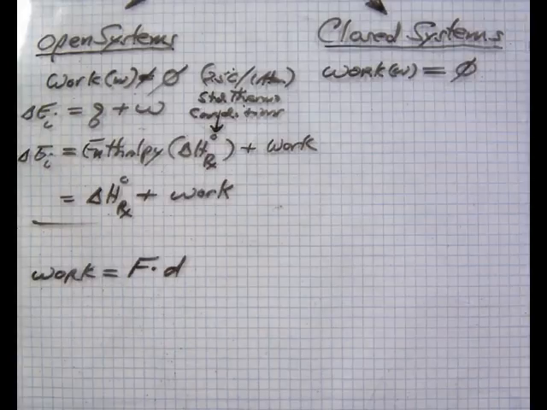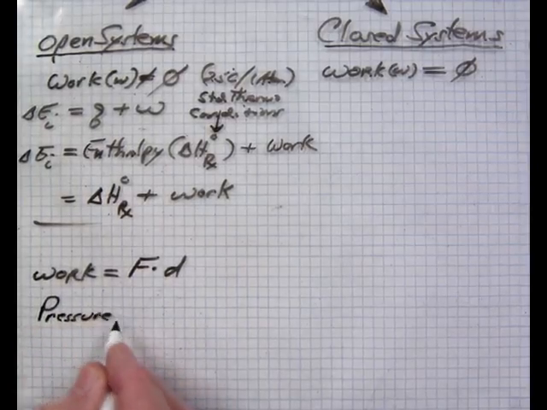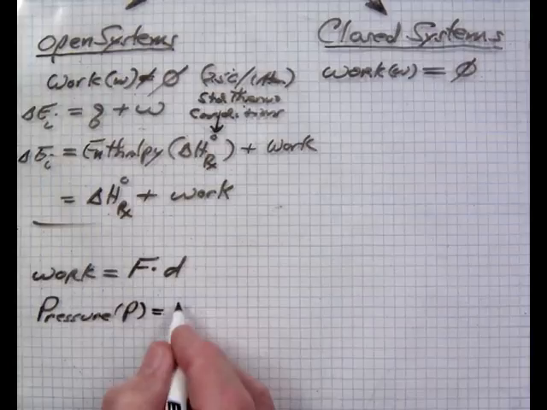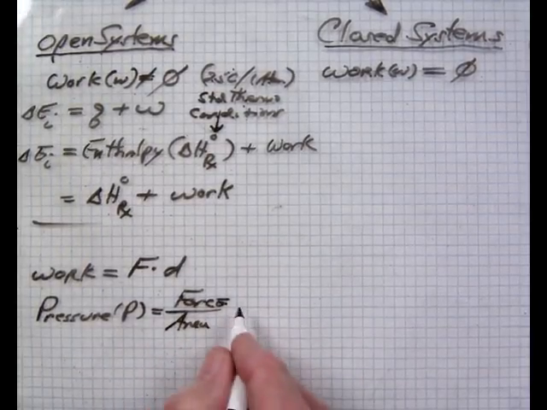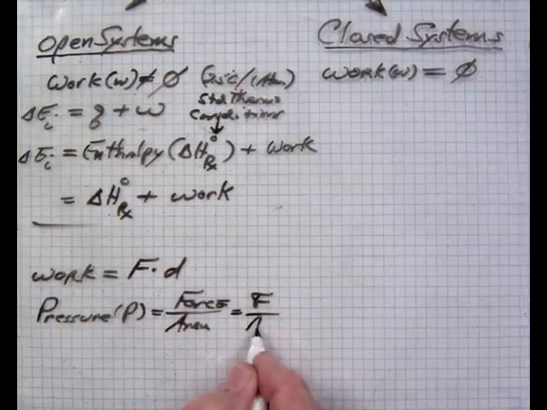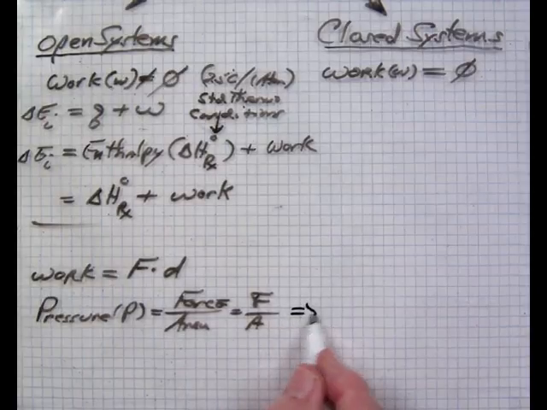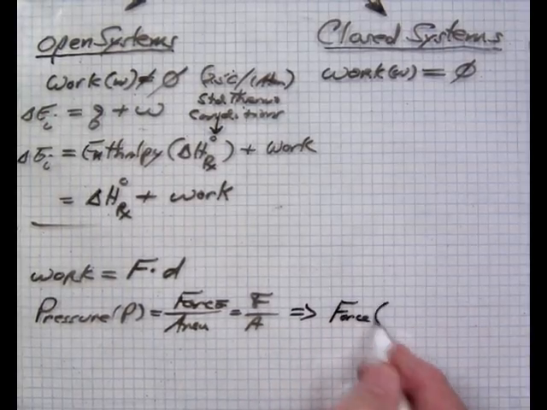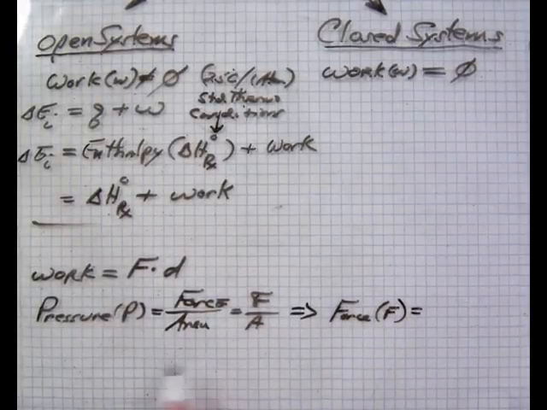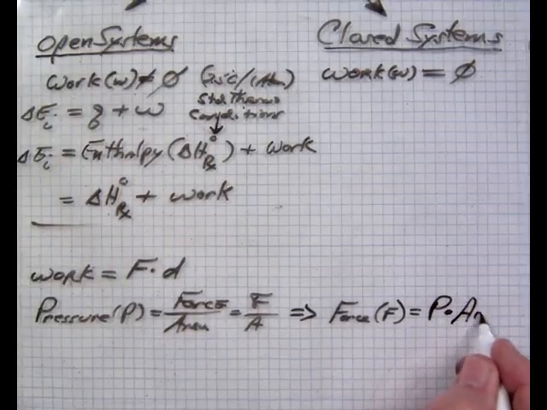Because chemical reactions in the gas phase exert pressure, and we can measure that. Pressure, P, is equal to force per unit area. Okay? So I can solve this for force: multiply both sides by area, and I'll have pressure times area.